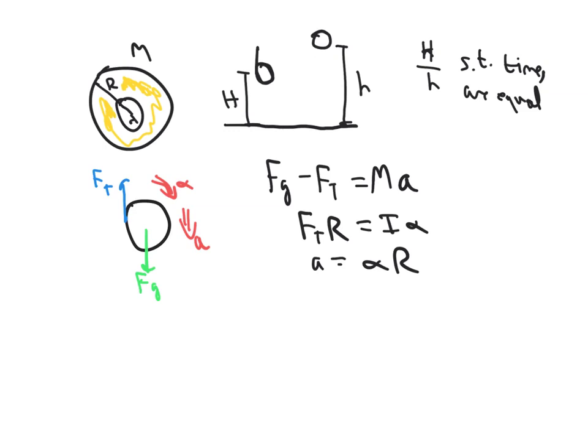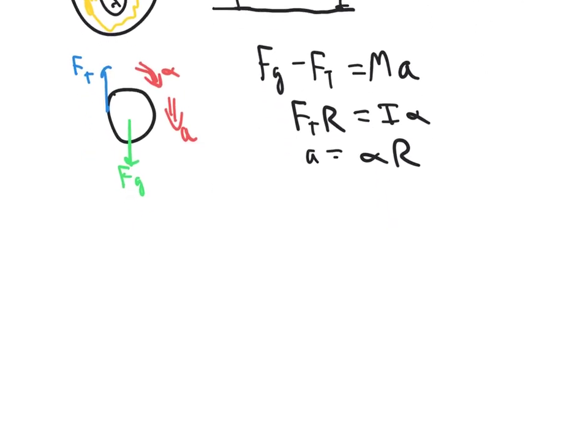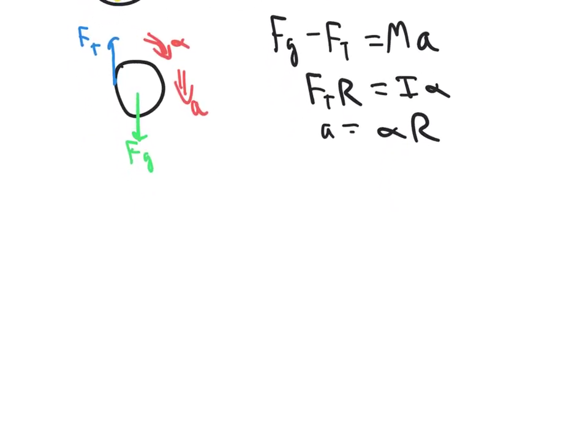So those are our three equations, and now we need to do a fair bit of basic algebra to make that work. So let's go down and do that. And what we'll do is we'll take that second equation and we'll say that Ft times R equals I A over R. And this way I'm eliminating alpha because alpha is not of interest to us so much as the accelerations, which will tell us how fast it falls.